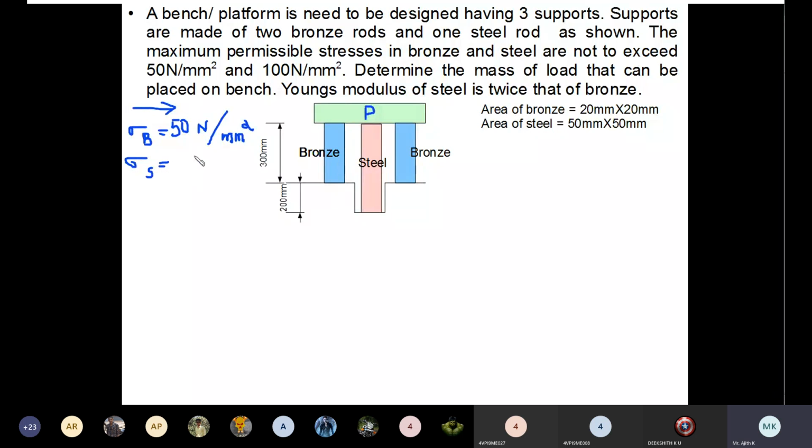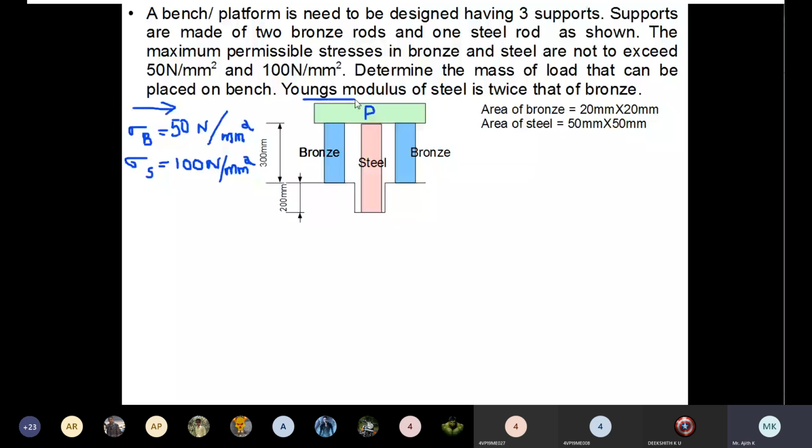Sigma in steel is 100 Newton per mm square. You have to find out the mass or load value.